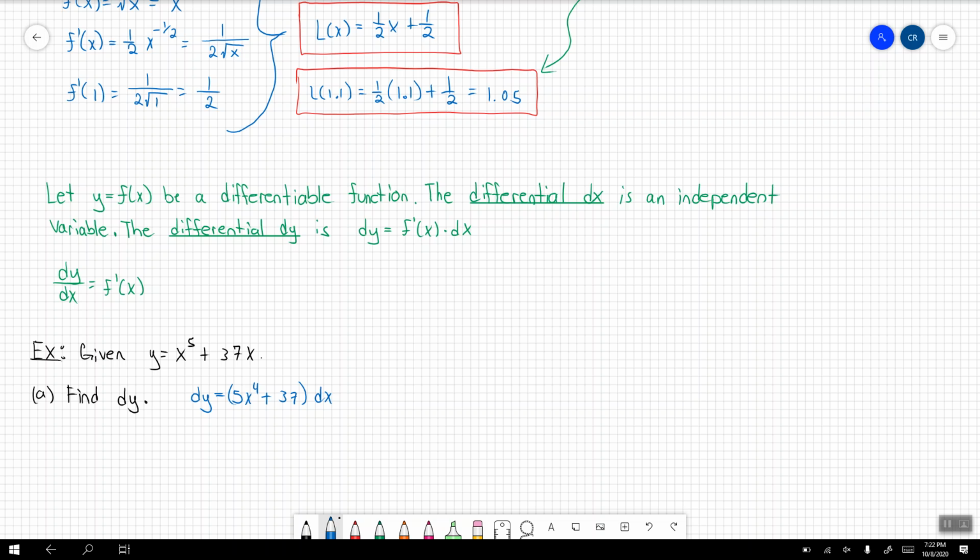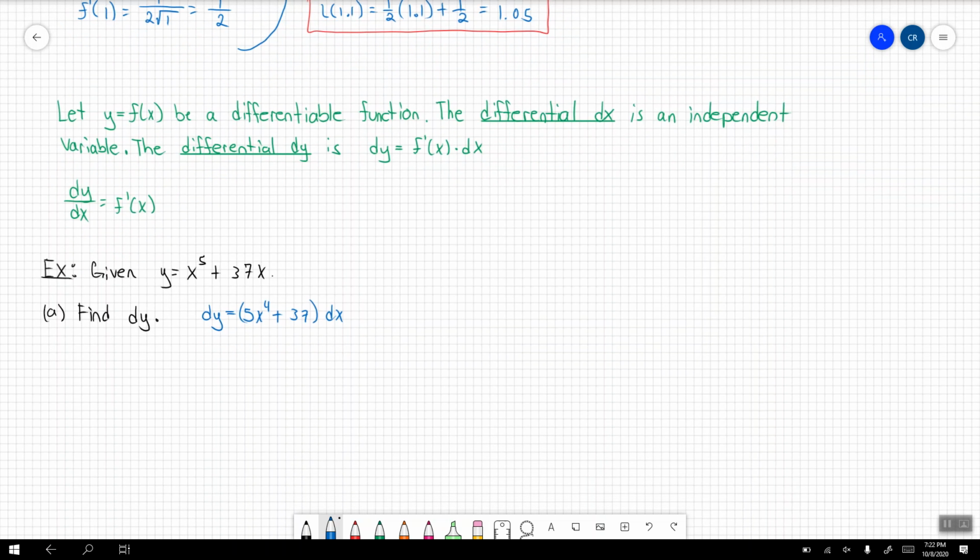Now, let's say that we found this, and now what we want to do for part B is find dy, that derivative for the function y with respect to x, when x is equal to 1 and dx is equal to 0.2.